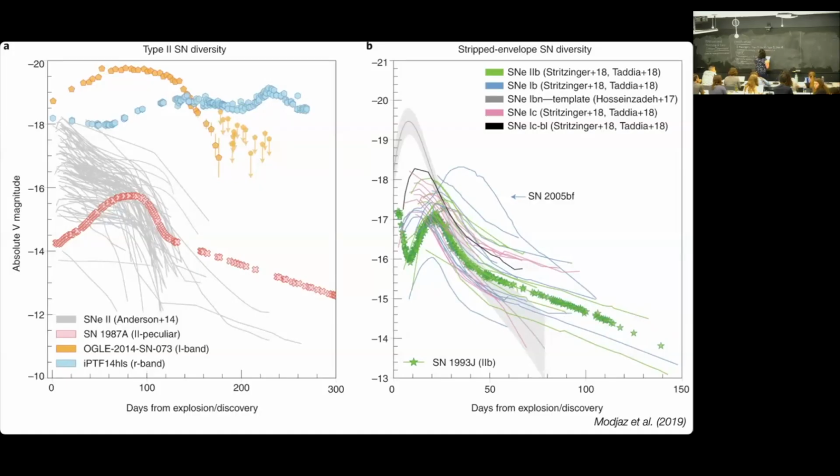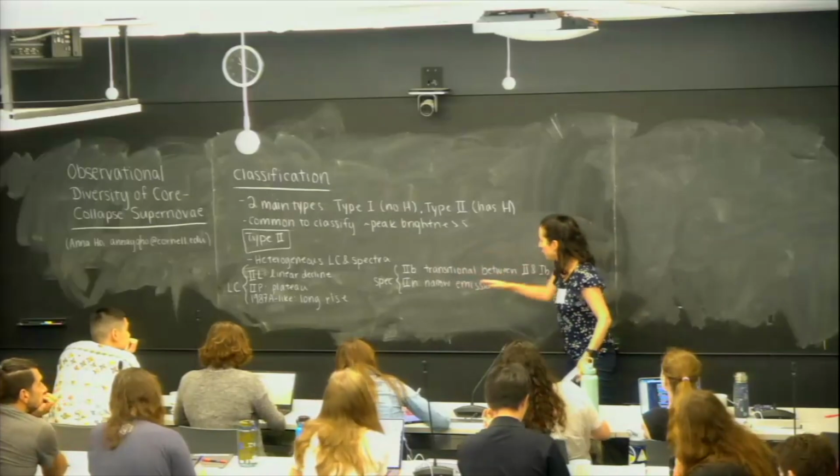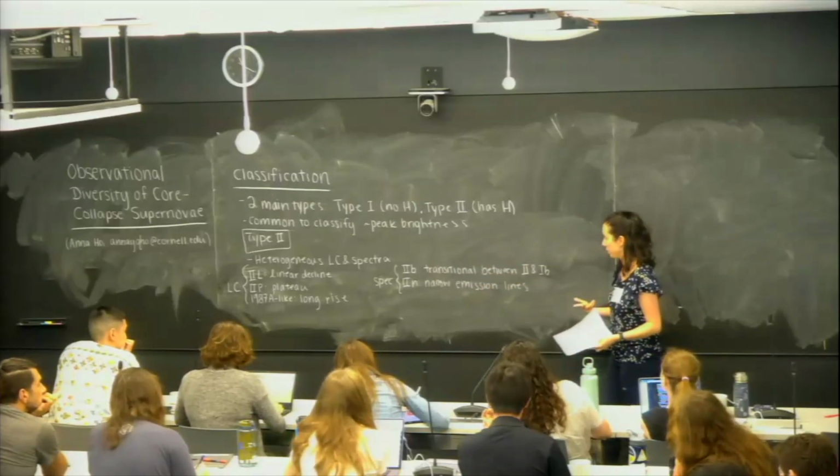And then there are some based on the spectra. 2Bs, so the 2Bs and the 2Ns, these are classifications based on spectroscopy.